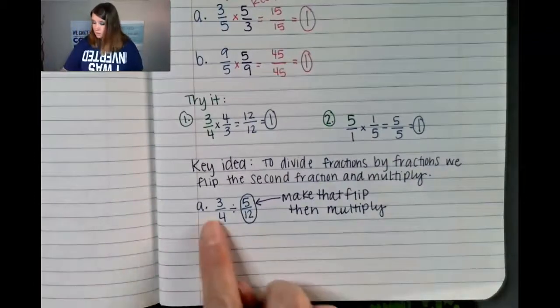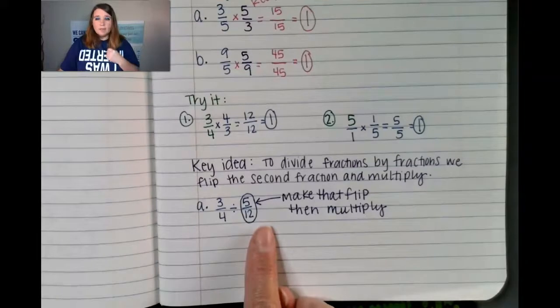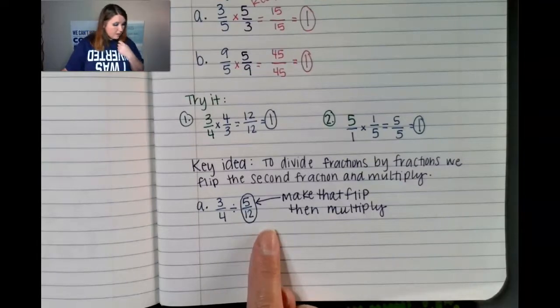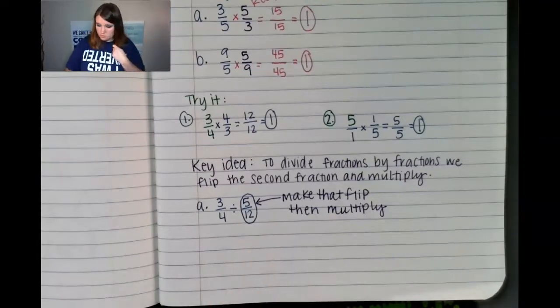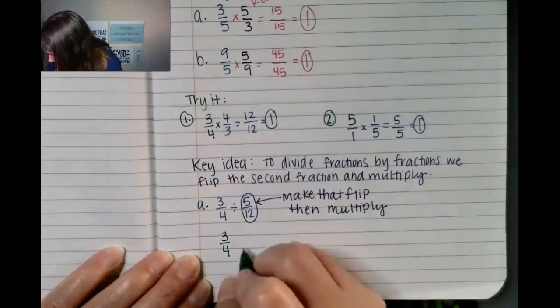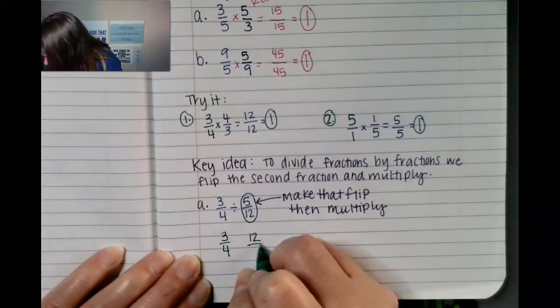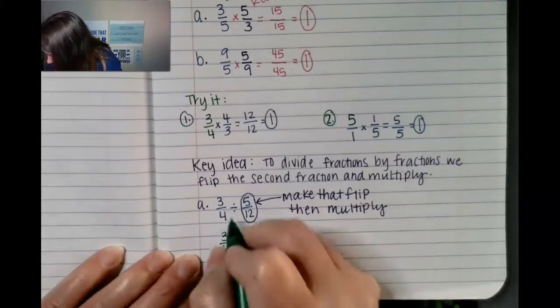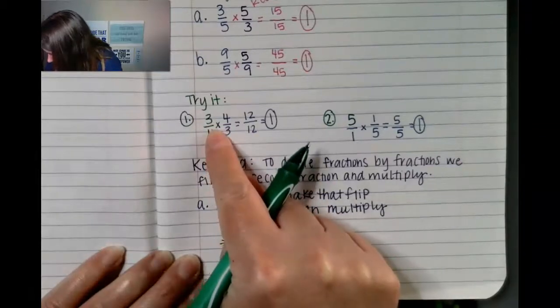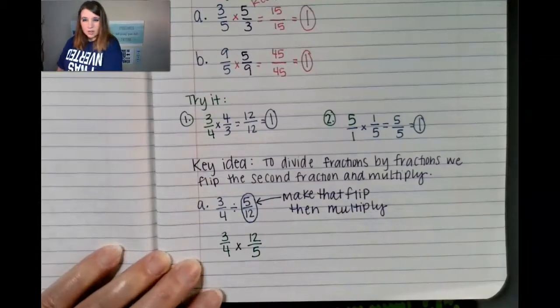Keep it. We're going to change that because we're finding the inverse, and then we're multiplying. All right, here we go. I'm going to keep this 3/4. I need to flip or find the inverse. And now, because I'm multiplying like I did up here for the reciprocal, I need to change that.